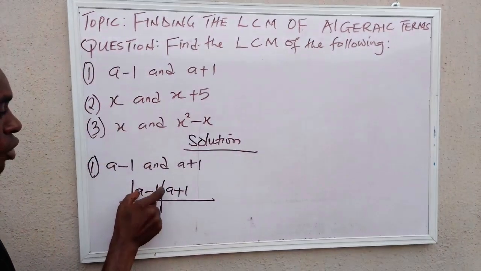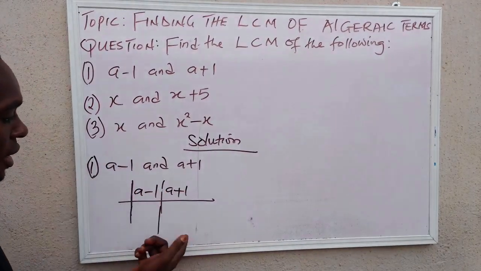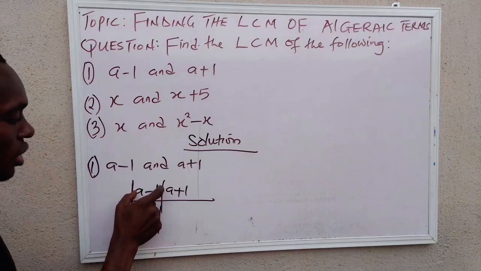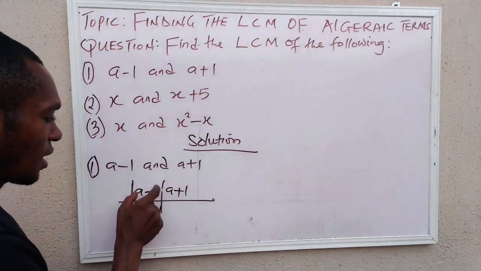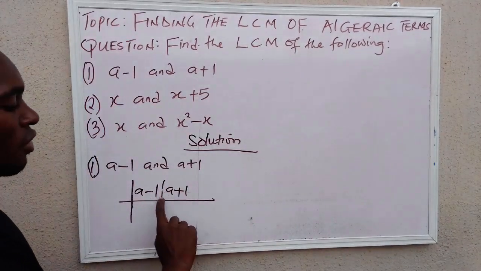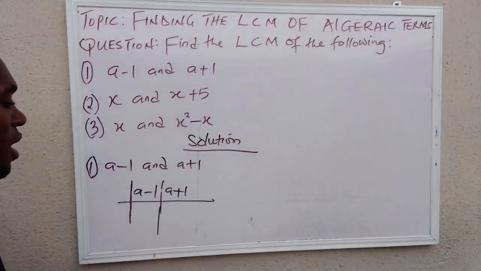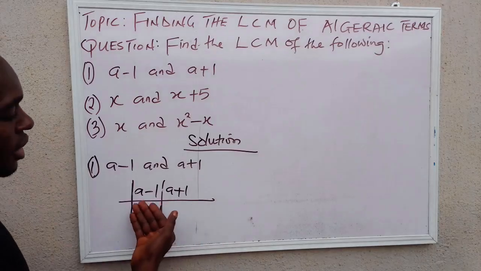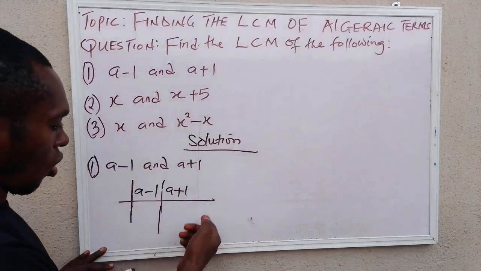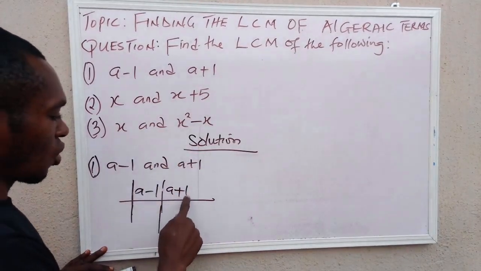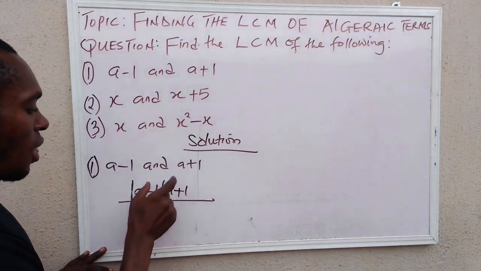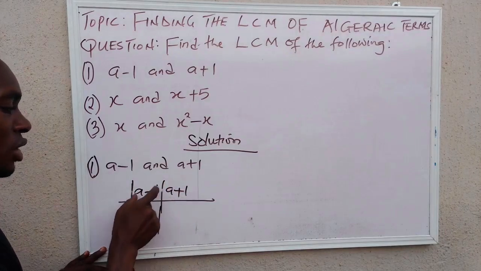Now, since these are both terms and they are not the same, we will look for a term that can divide this term or this term, either this or this, without a remainder. If you discover there is no term except the same terms that are here, the only term that can divide a minus 1 or a plus 1 is either a minus 1, which can't divide this, or a plus 1, which cannot divide this.